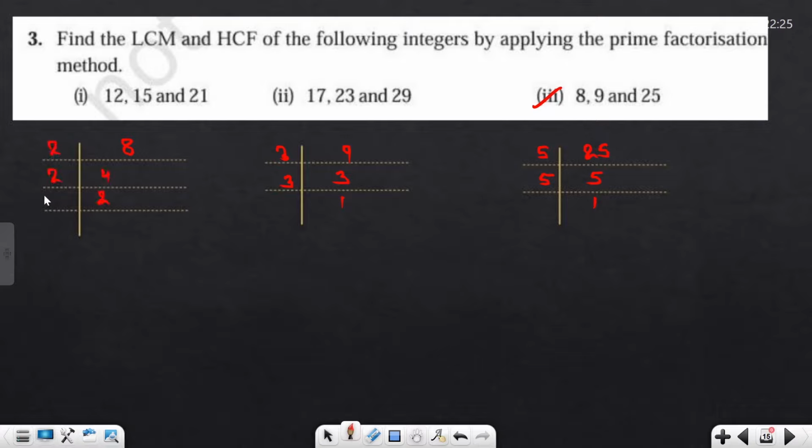Is anything common? If nothing is common, HCF is 1. And if HCF is 1, how do we find LCM? Directly multiply the terms: 8, 9, 25. We get 1800.